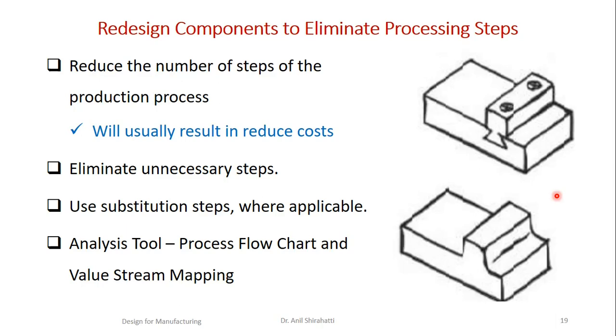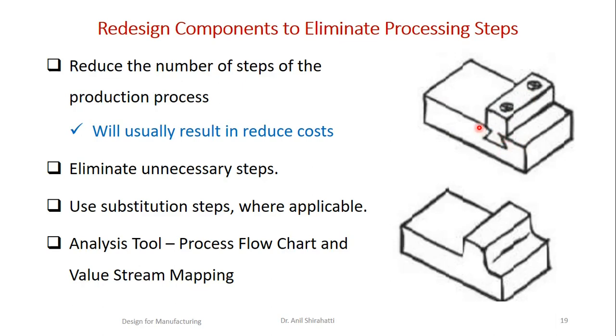The next step is to redesign the component to eliminate process steps. Reducing the number of steps in the production process will usually result in a reduction in cost. Eliminate unnecessary steps, use substitution steps wherever applicable, and analyze with tools like process flow charts and value stream mapping. In this example, the first part has three components involved: this is one part, this is the second, and they are screwed together to form the complete assembly. Now this can be redesigned.